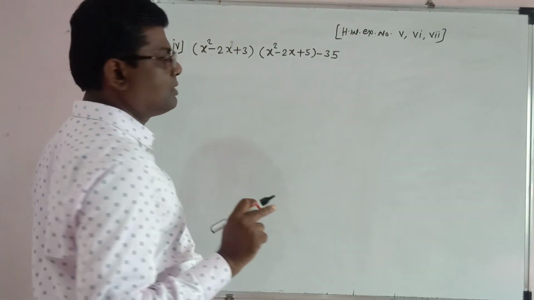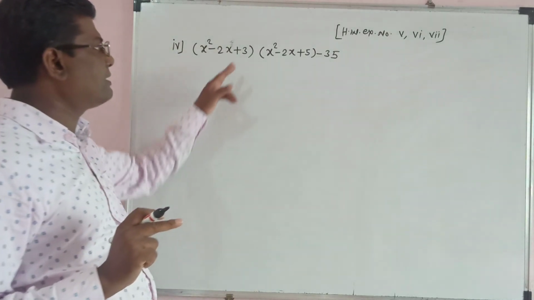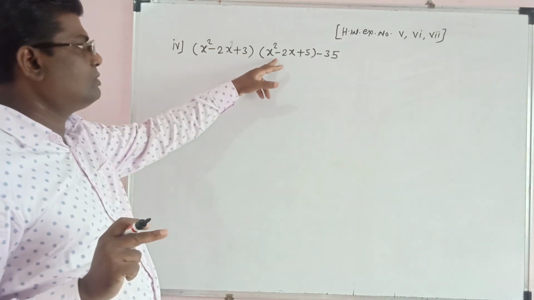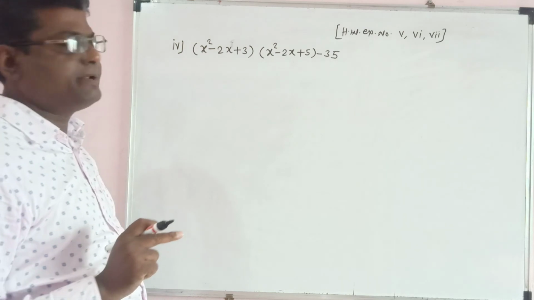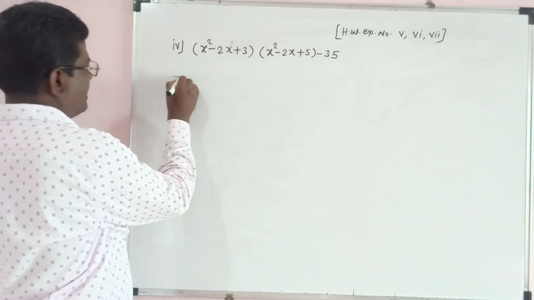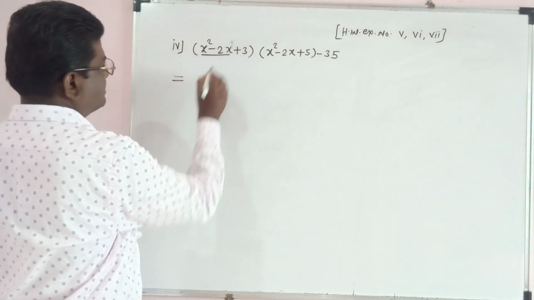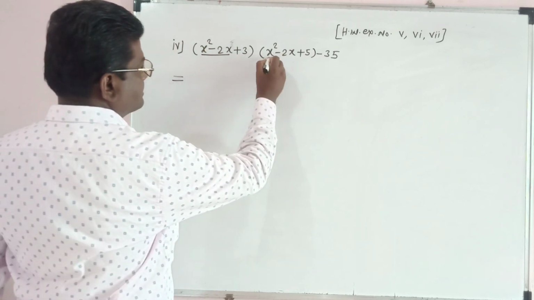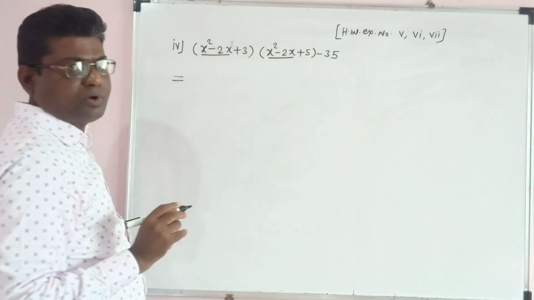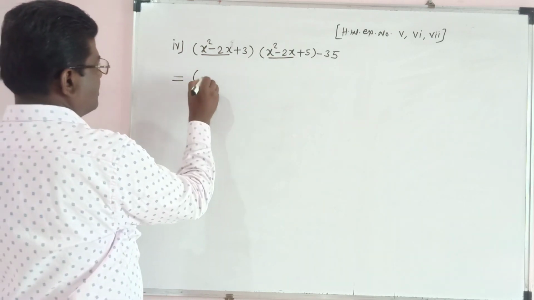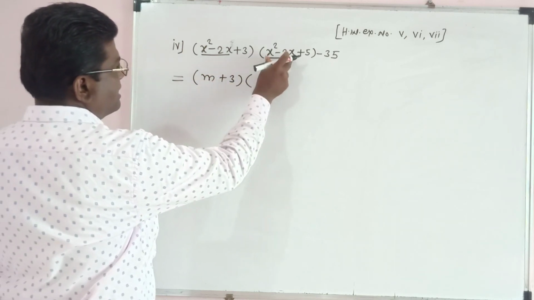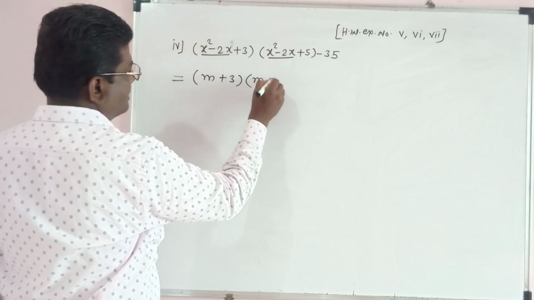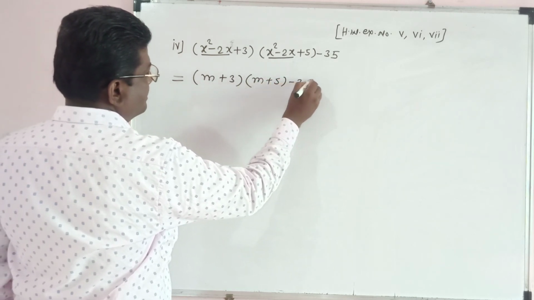Example number 4: x square minus 2x plus 3 into x square minus 2x plus 5 minus 35. Now let's put x square minus 2x equal to m. Therefore we have m plus 3 into m plus 5 minus 35.